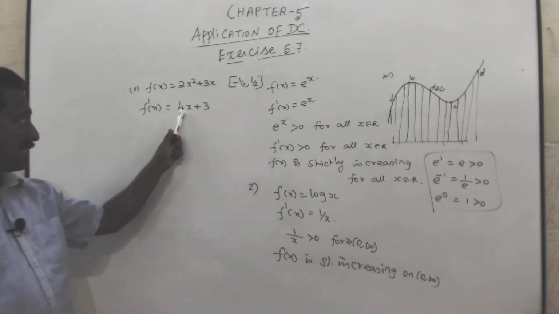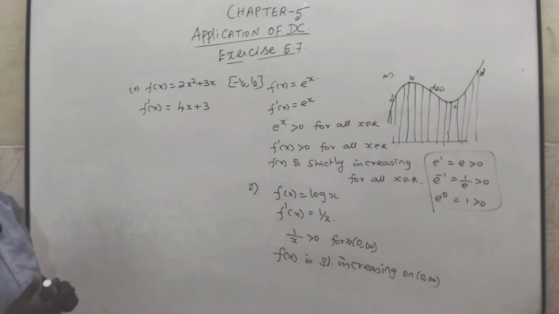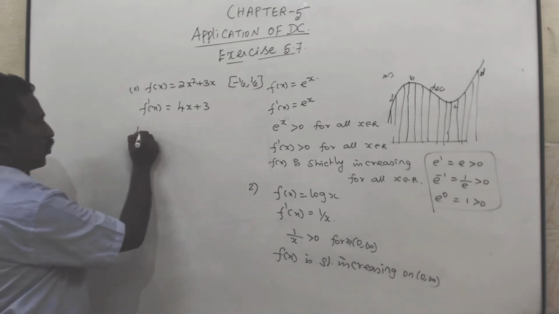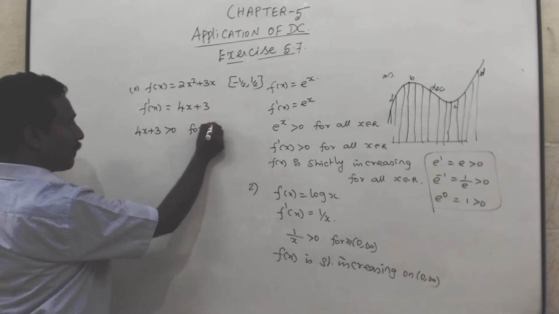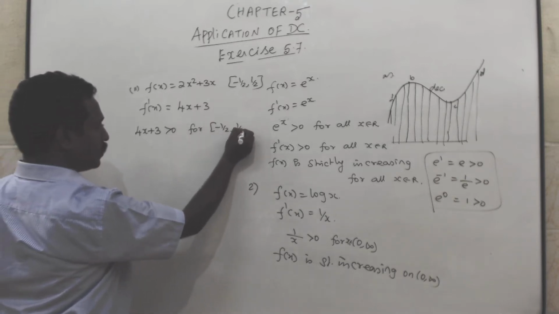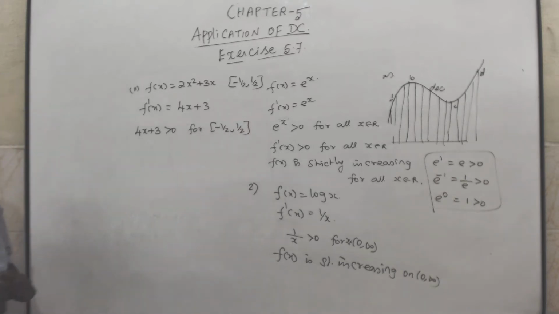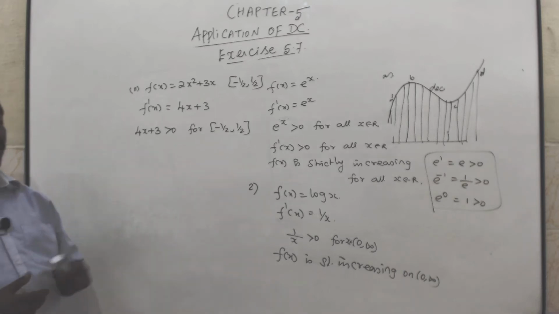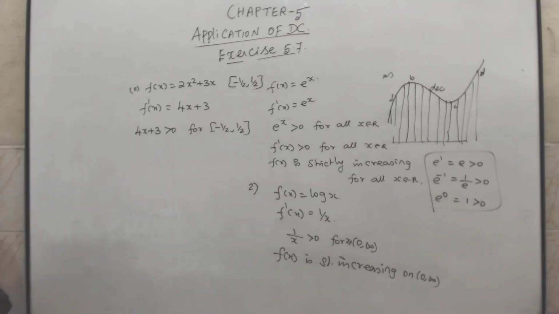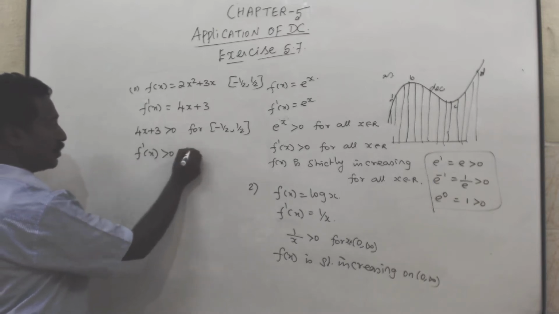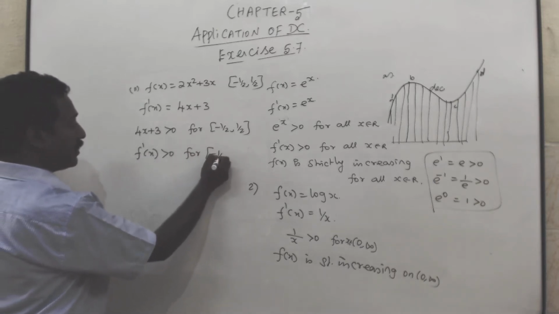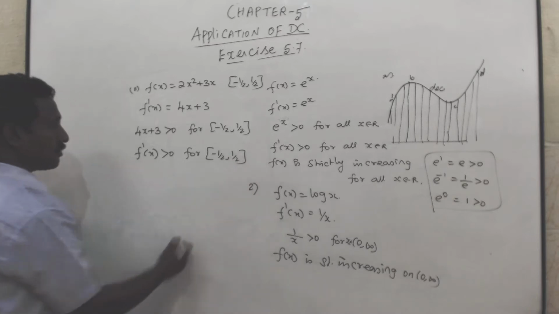When we substitute plus half, the answer is 5, also positive. Therefore, 4x plus 3 is greater than 0 for the interval minus 1 by 2, comma 1 by 2. Therefore, f dash of x is greater than 0 for minus 1 by 2, comma plus 1 by 2.